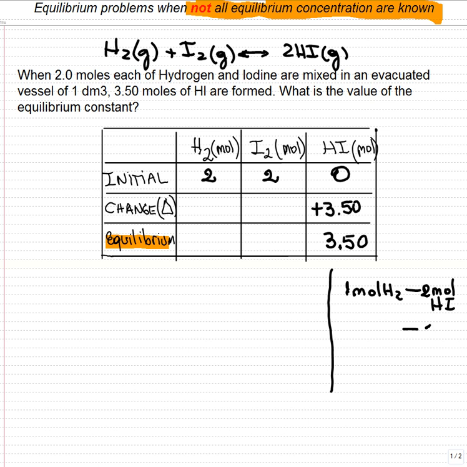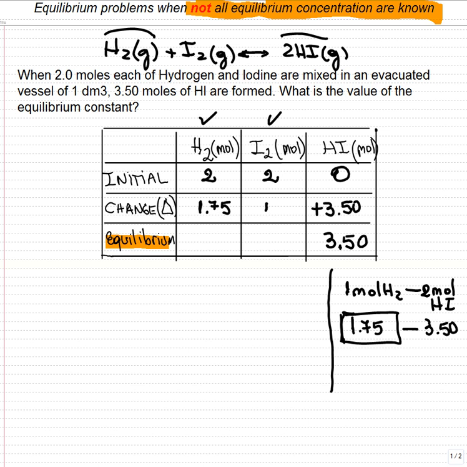So when we form 3.50 moles of hydrogen iodide, the amount of moles used up should be 1.75, and the value for the iodine is going to be the same because the ratio is the same for both, 1 to 2 in this one, 1 to 2 and 1 to 2.